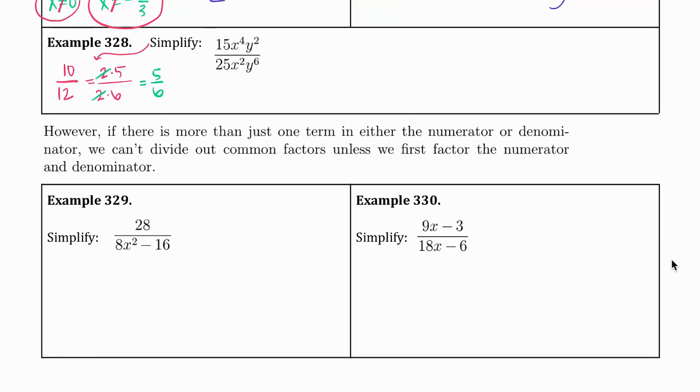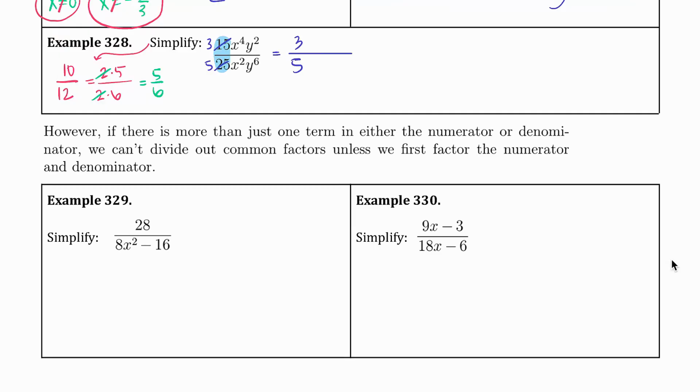On this specific example, 328, we know how to do this. We've worked with a monomial on top and a monomial on bottom. We've worked with our exponent rules. Our exponent rules for division say that we divide our coefficients. 15 divided by 25 is going to simplify, they can both be divided by 5, so we get 3 on top, 5 on bottom.